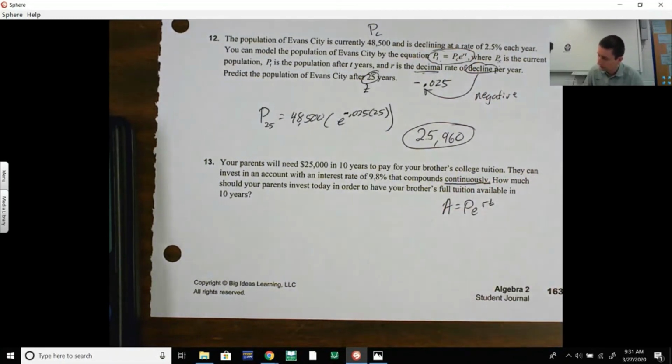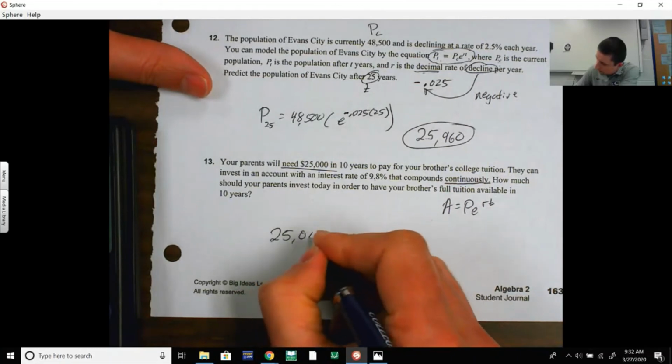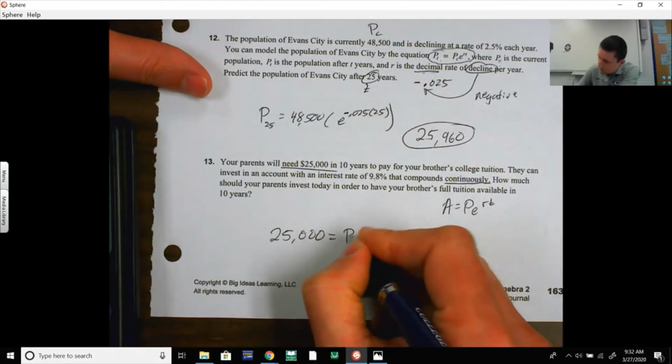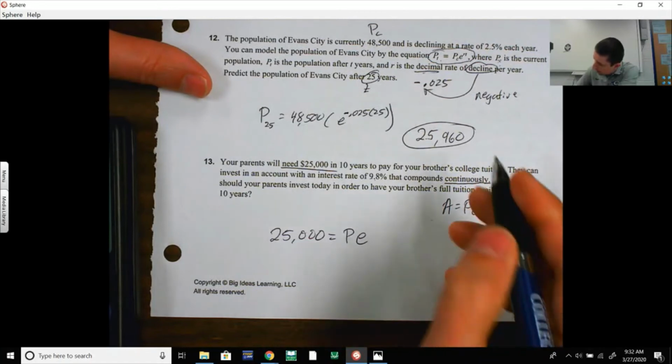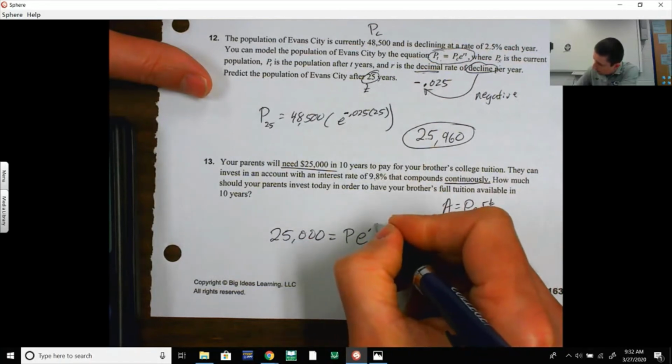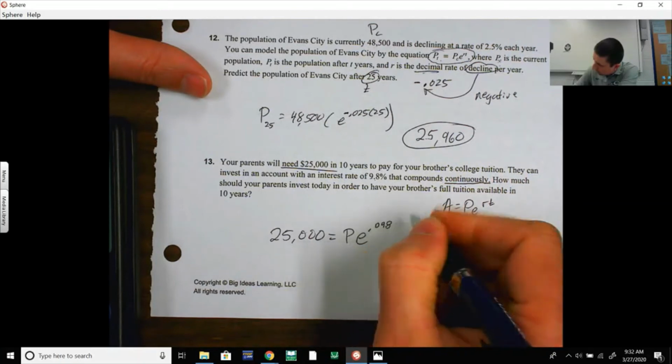How much should your parents invest today in order to have your brother's full tuition available in 10 years? So this is what we need. We want $25,000. We need to know how much to invest, but we have e raised to the 0.098 times 10.